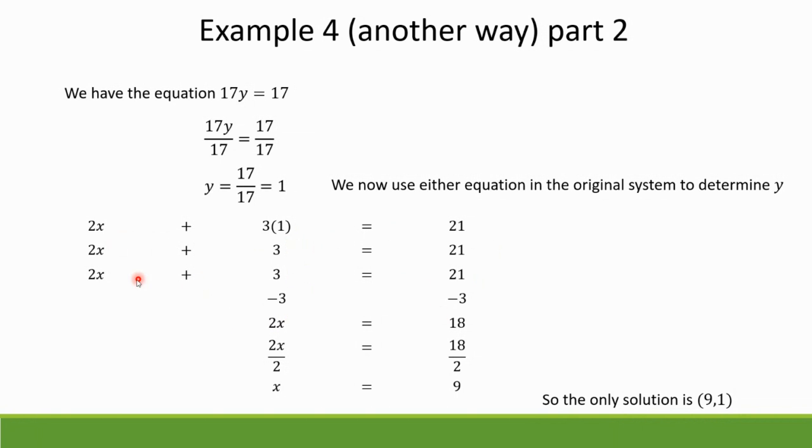From here to here, I just also moved the 2x term over, closer to the equal sign. Nothing wrong with that. So we have 2x is 18, divide by 2, we get x is 9. So just like before, we get our solution of 9, 1. So we get that answer.